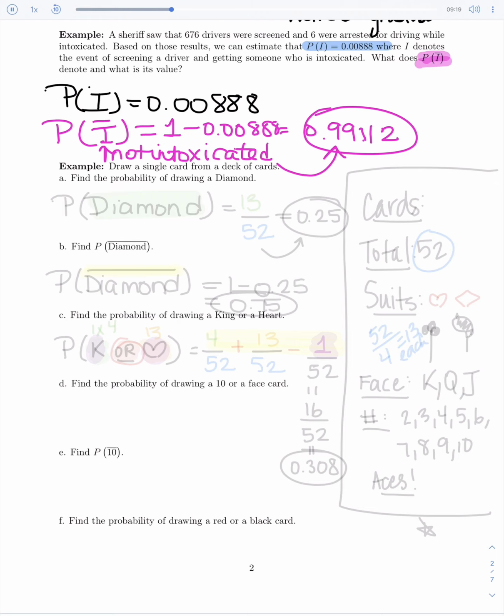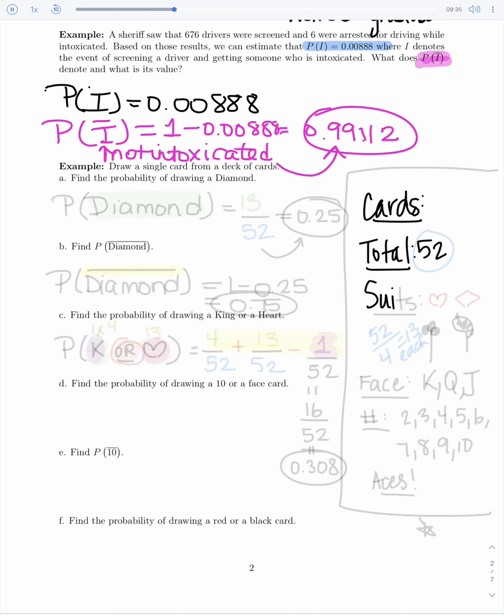The next few examples talk about a deck of cards, so let's talk about what we know about a deck of cards. There's a total of 52 cards.